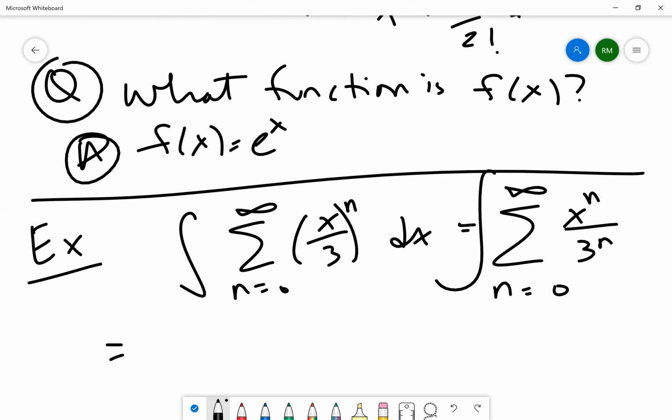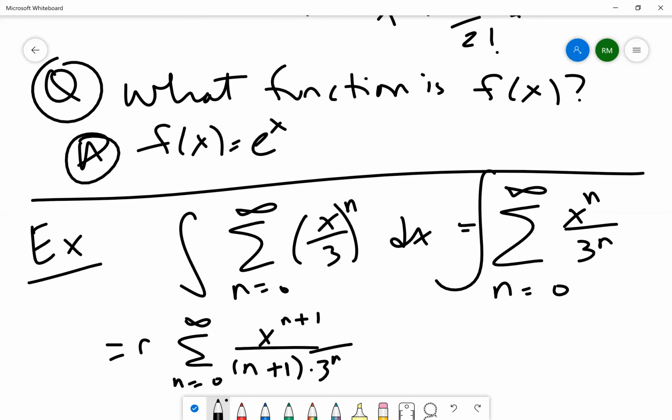Well, we can integrate that. It should be the sum of x to the n plus 1 over n plus 1 times 3 to the n. And don't forget that you need to have a constant out front. And so that's how we integrate. It's as easy as that.